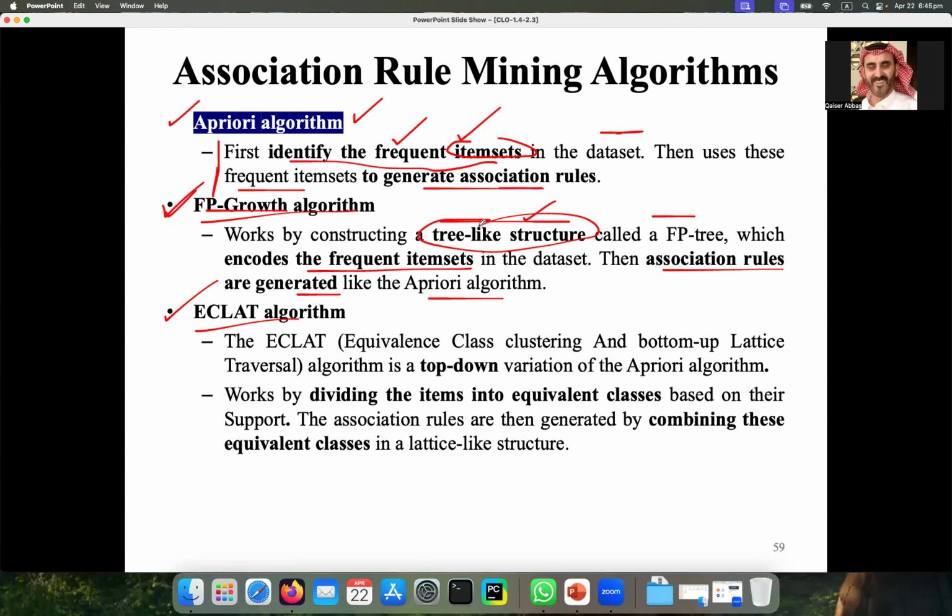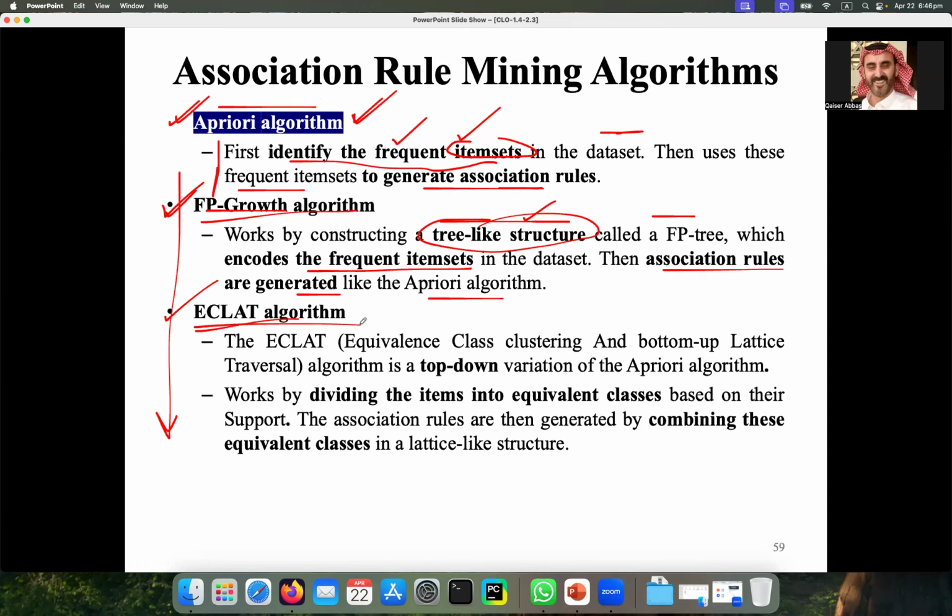If you understand this one, you will understand almost all these three. But again, we will only go with Apriori, because people commonly use this Apriori algorithm. So we will go with this one.